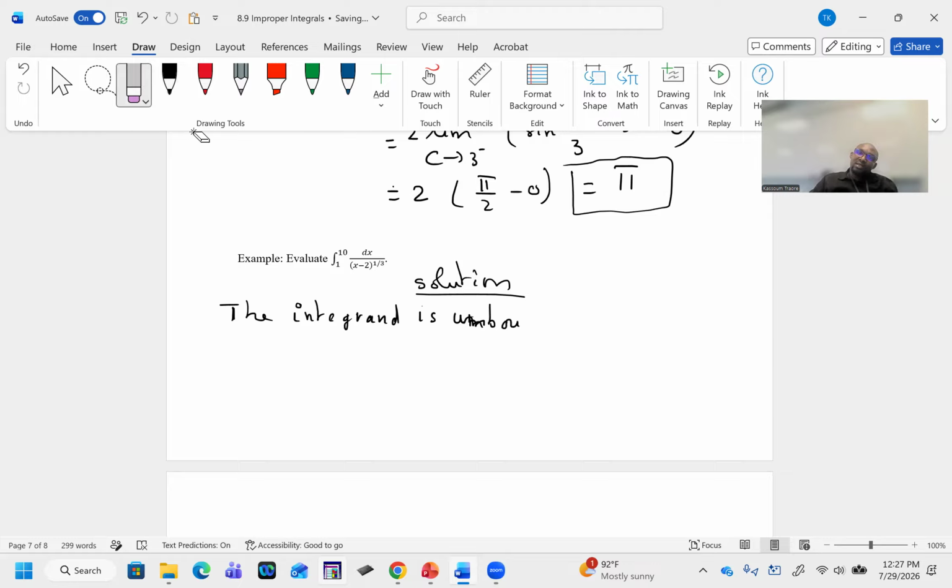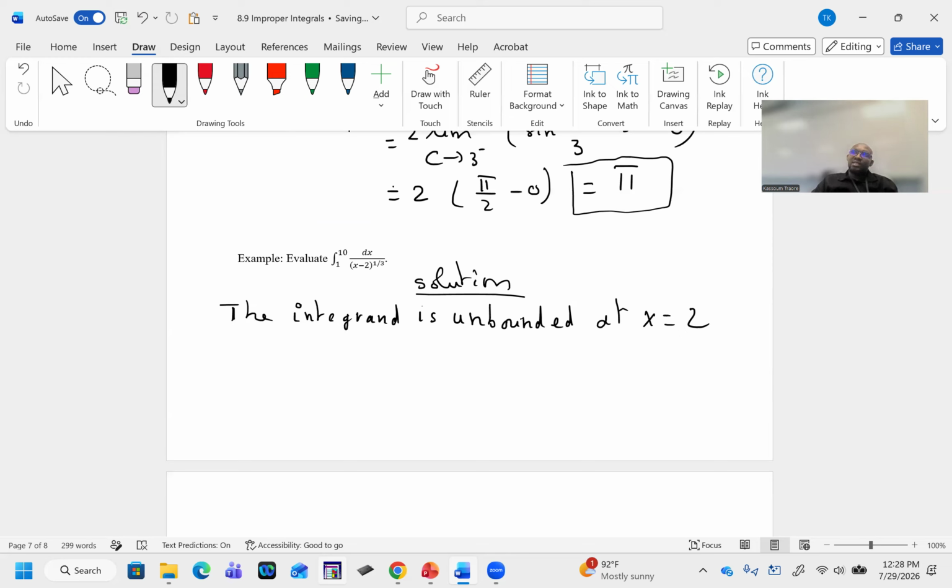You can tell me this integrand is unbounded at x equal to what? 2, because if x is 2, we will be dividing by 0, which is not possible, and 2 is an interior point between 1 and 10, right? It is an interior point.